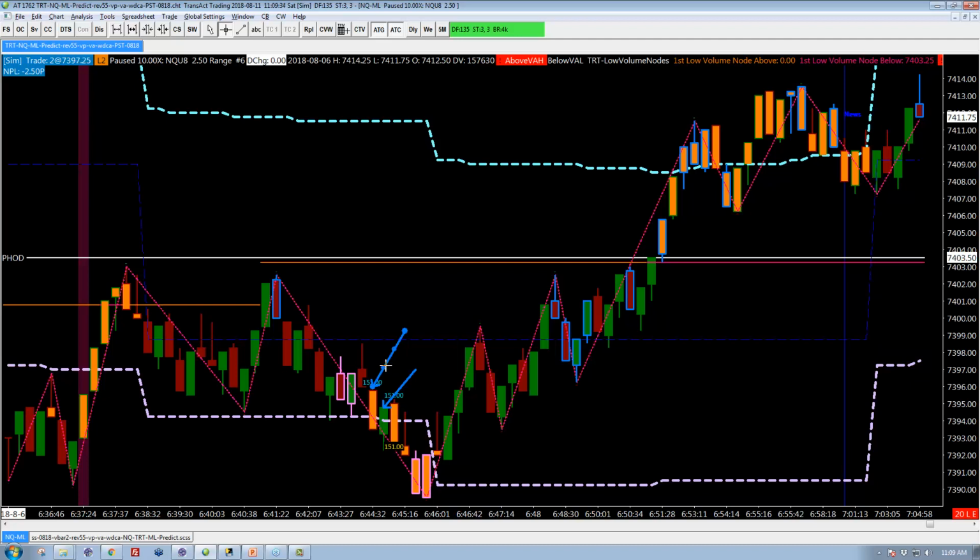It's not, because you're right at the threshold of being far enough away from the point of control to make a prediction. In other words, the value area low is really close to the point of control, and so getting down to the value area low is not that meaningful. You have to be 20 ticks away basically for the system to say, okay, you're allowed to trade.